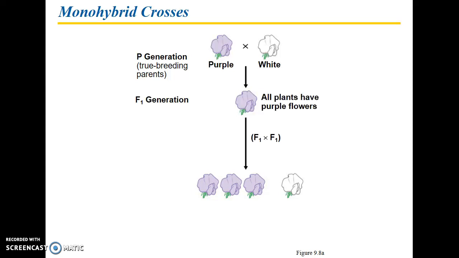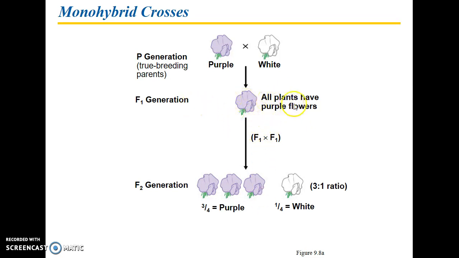So looking at that experiment again, the pea generation, these are true breeding parents. So for example, if you crossed white with white, they would produce all white. If you cross purple with purple, they produce all purple. They're true breeding. If you cross those two different varieties together, in the F1 generation, all of the plants have purple flowers.